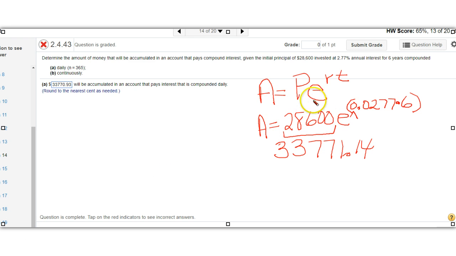So when I use this continuous formula, I get 33,771. Look how close we are, 0.14. But again, try this with your calculator, and then of course, as you do it, your numbers are going to change, and hopefully that gets you over the slump.